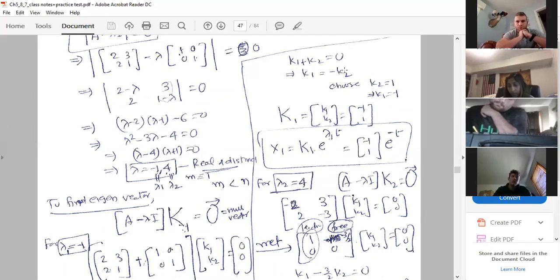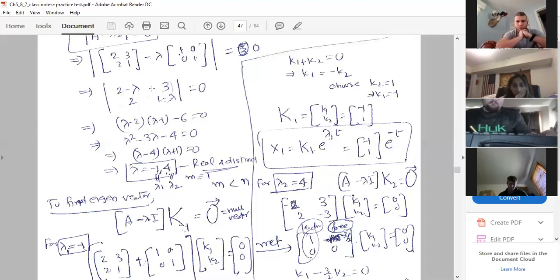Try to choose your K1 or K2, or whichever is your free element, in such a way that you avoid the fraction part. Most of the times it is possible, sometimes it is not possible. In that case, you can't do anything, just go for the fraction. But as far as possible, try to avoid fractions for simple calculations.